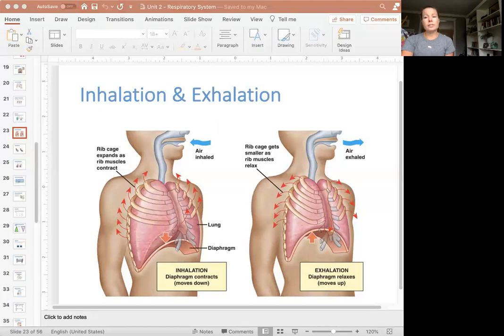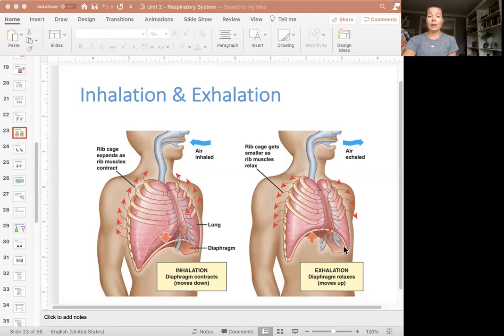The other phase of ventilation is exhalation. Rather than being an active process, this is actually a passive process. It doesn't require any energy, and it just involves the relaxation of muscles. So now the muscles that originally contracted, they relax.